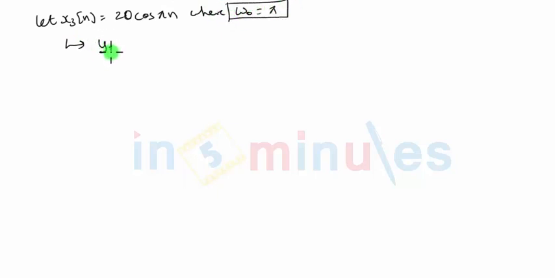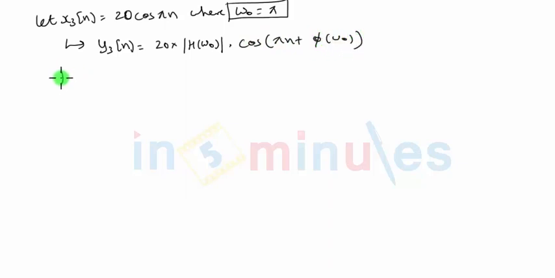Now here let us take y3 of n. y3 of n will be equal to 20 multiplied by mod H of omega naught into cos pi of n plus phi of omega naught. This is what we get.